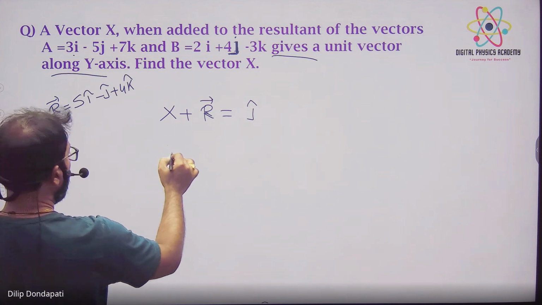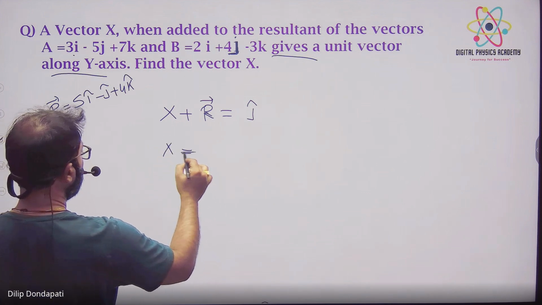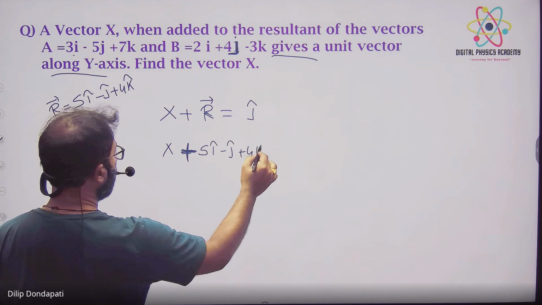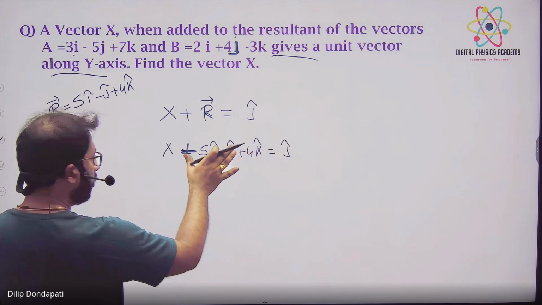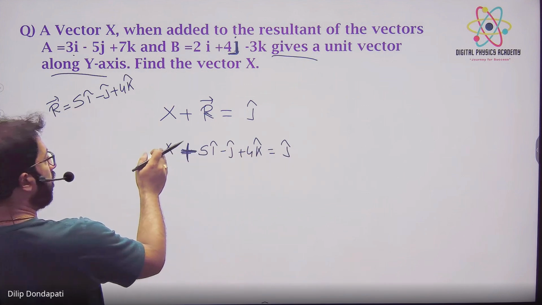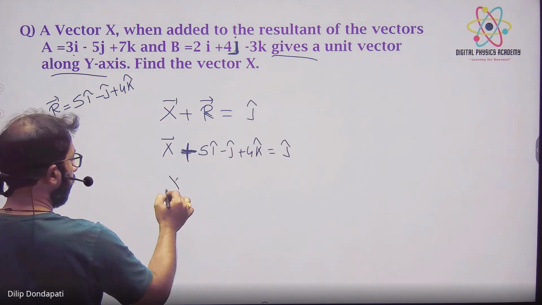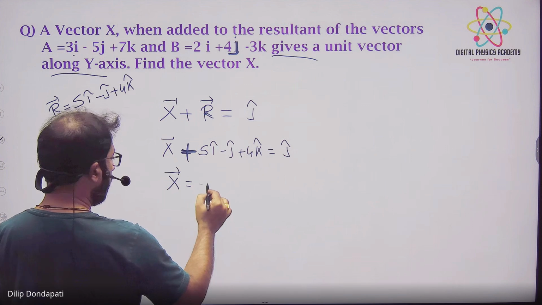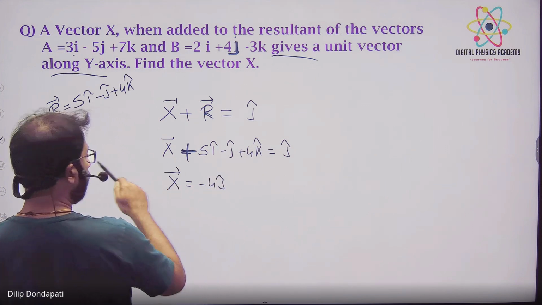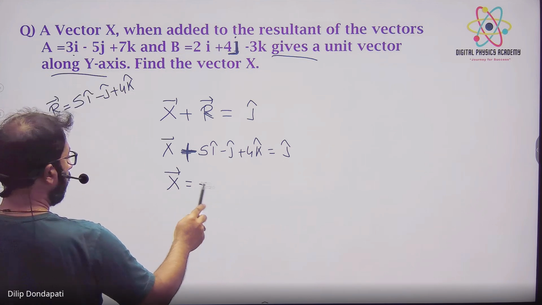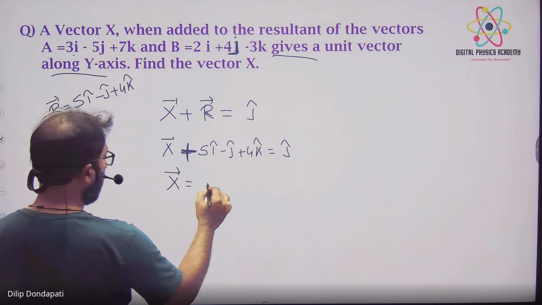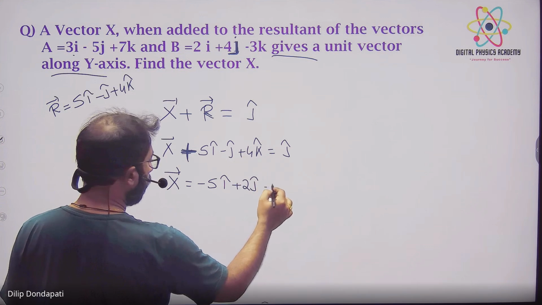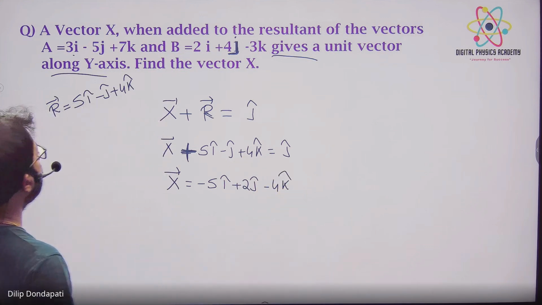Substituting, x plus 5i cap minus j cap plus 4k cap is equal to j cap. Bring this vector to the other side because he's trying to find vector x. So x is equal to minus 5i cap, plus 2j cap, minus 4k cap. This is the vector x.